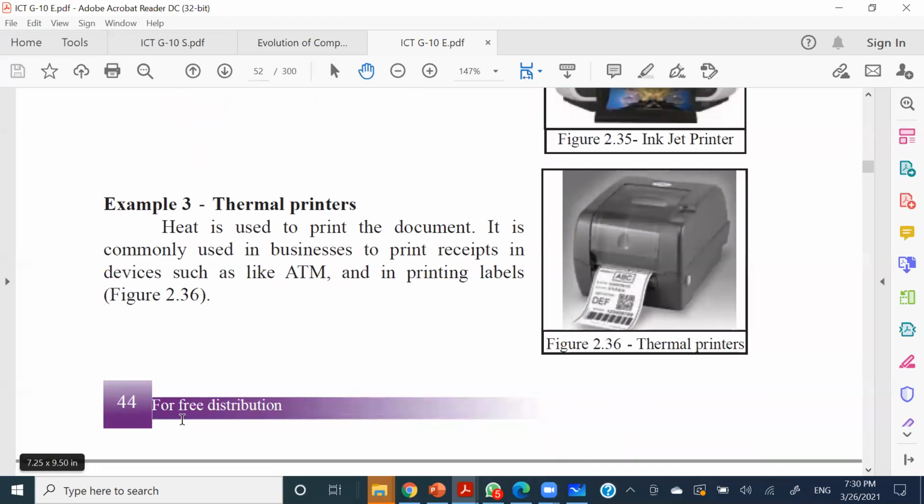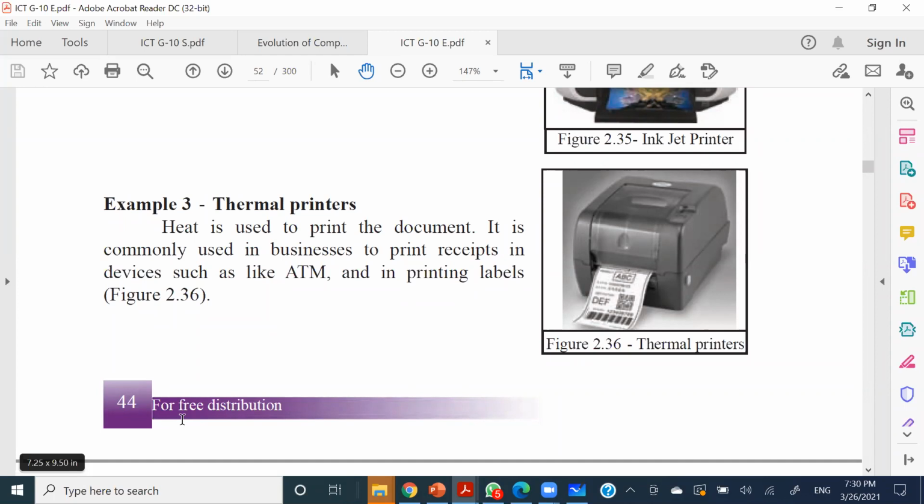Now, you can easily find thermal printers nowadays in ATM machines, right? Most of the ATM machines are now printing out a thermal printout, right? So it's not like the dot matrix, right? And there is a limit to thermal printing. අපිට ඕන තරම් ලොකු පින්තූර thermal printing ගන්න බෑ, right?